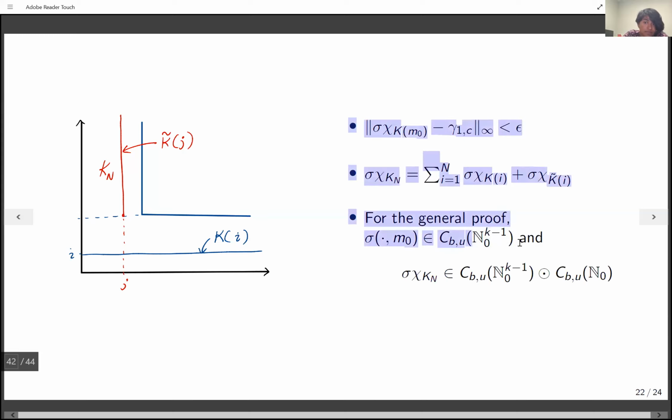And that's why we need to assume the density for k minus 1. And sigma restricted to kn is going to be in the algebraic tensor product of CBU n naught k minus 1 and CBU n naught. So this will take care of the general proof.